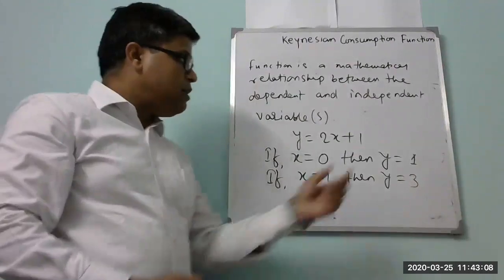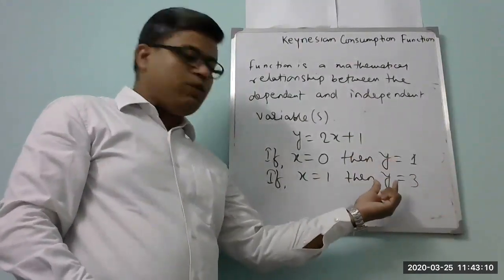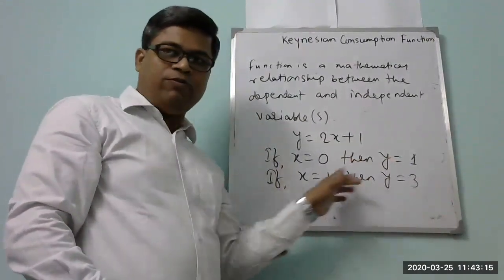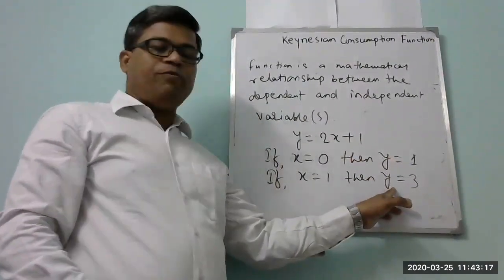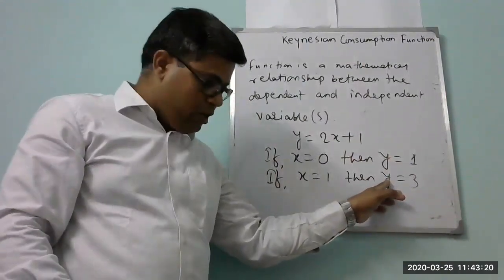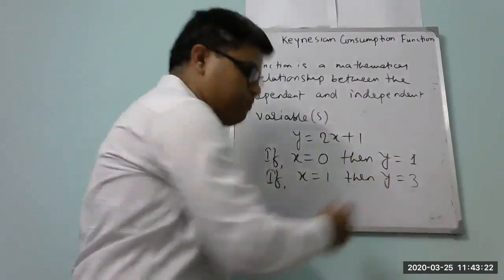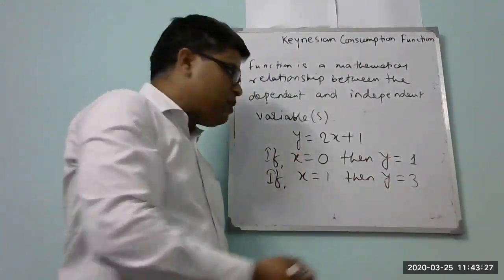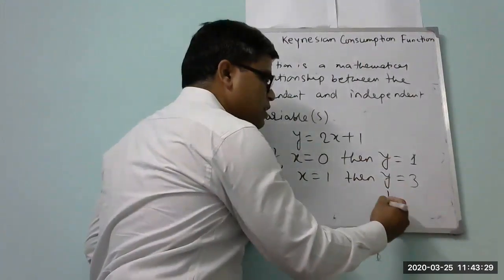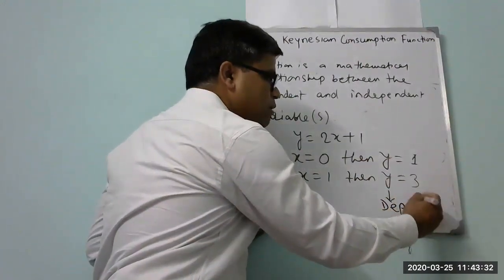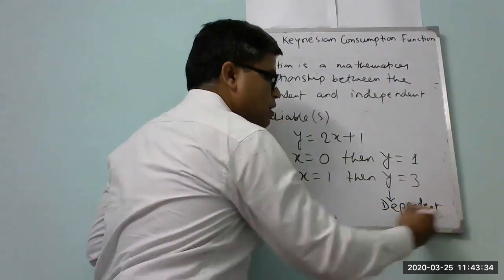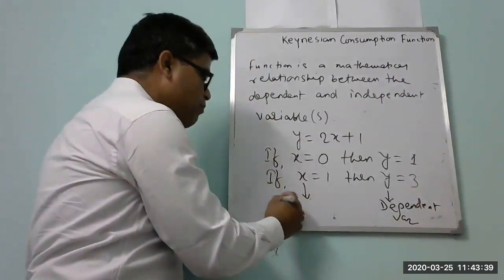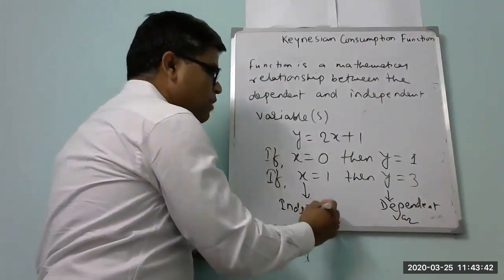It means the value of y depends on the value of x. So y is called the dependent variable, and x, which can take any value, is the independent variable.